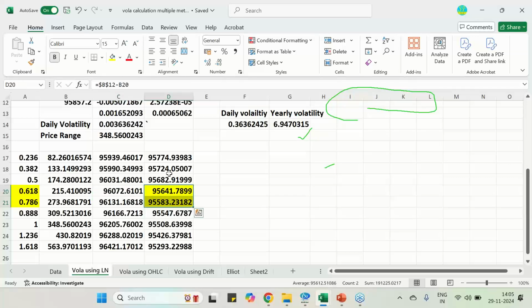If it falls below 95,775, then it confirms the trend at 95,724. Buying should happen above 95,990, and selling should happen below 95,724.